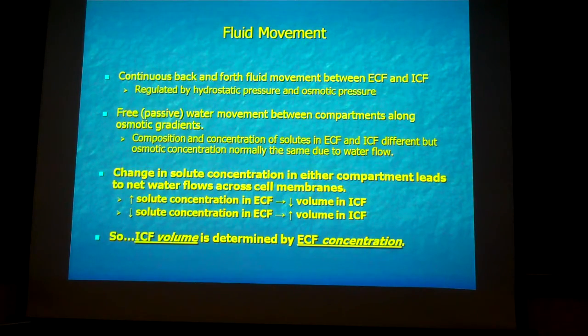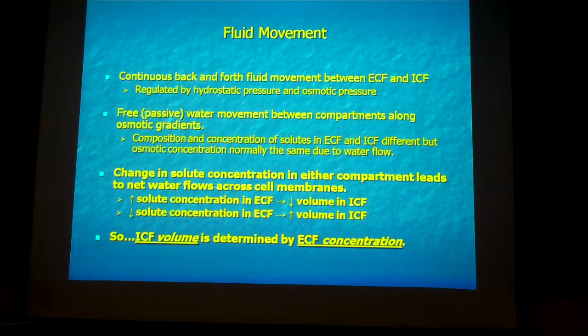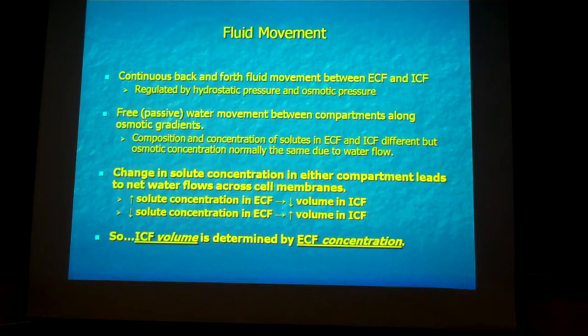So there's a continuous back and forth fluid movement between ECF and ICF, and by fluid we mean water. And this is regulated by two different kinds of pressure, by hydrostatic pressure and osmotic pressure. Water moves freely and passively between the two compartments along osmotic gradients, as we shall see.